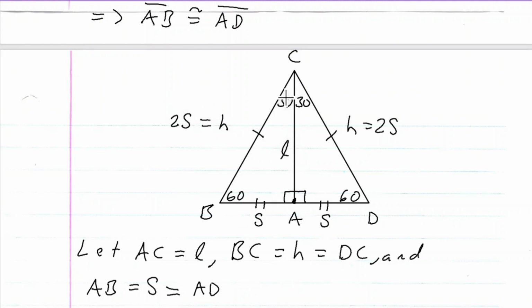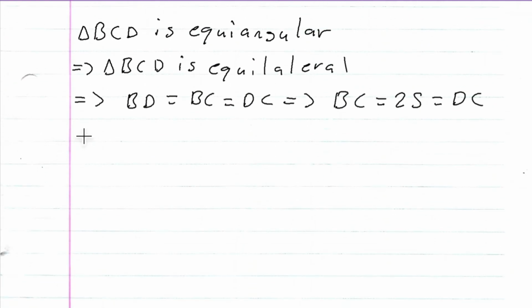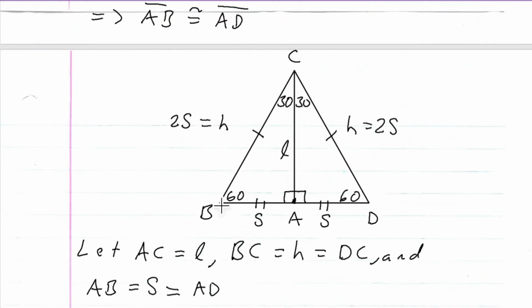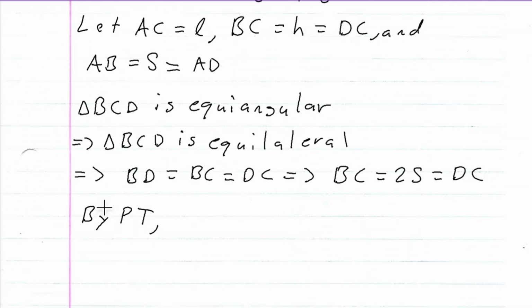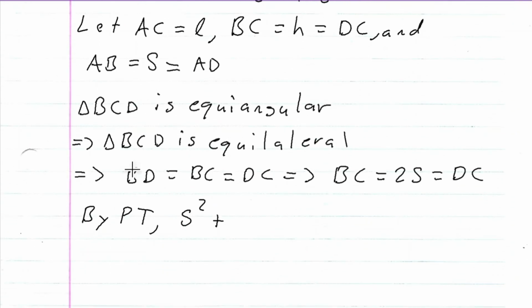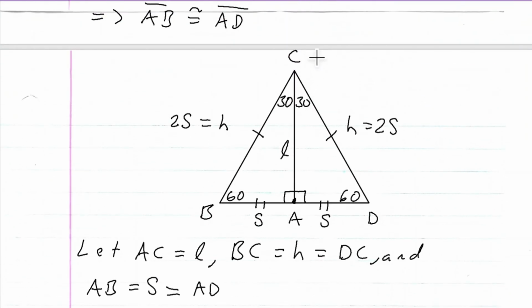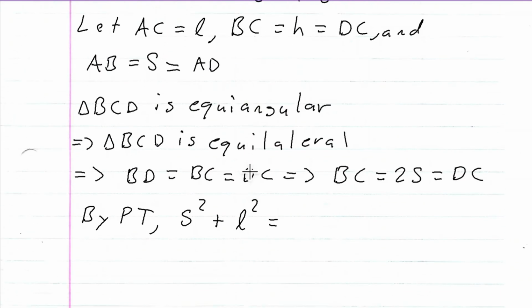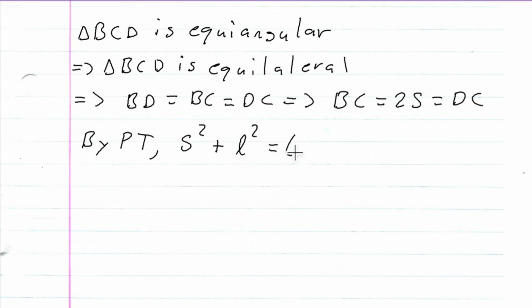So of course, for this 30, 60, 90, I can use the Pythagorean theorem, right? So by the Pythagorean theorem, I know that S squared, one of the legs, plus L squared, the length of the other leg, is equal to hypotenuse squared, which in this case I know is 2S, so it'll be equal to 2S squared.